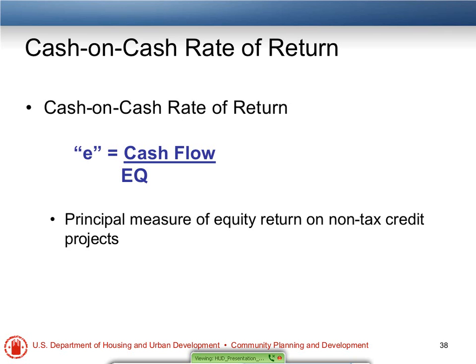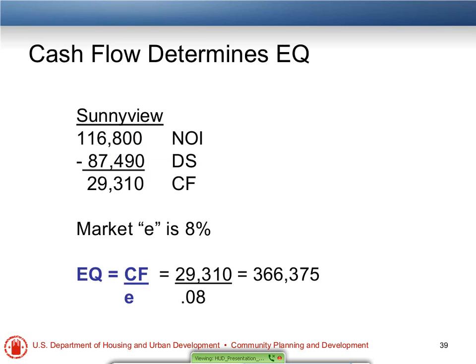We can calculate their return by simply taking the cash flow from the project, dividing that by their equity investment, and that tells us the return that they are able to receive. It measures the return on a non-tax credit project because it's not taking into account any of the tax benefits of the project. Let's look at our example project again.